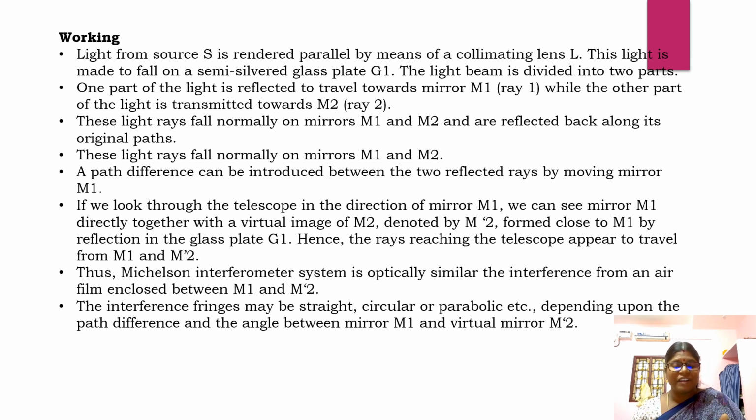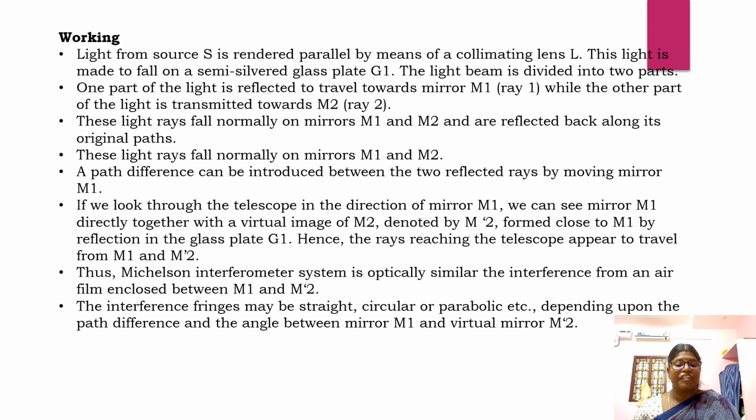As a result, when we view M1 through the telescope, we will see M1 along with the virtual image of the mirror M2, that is M2 prime. Hence, the ray reaching the telescope appears to travel from M1 and M2 prime. It appears that the ray is traveling between M1 and M2 prime.